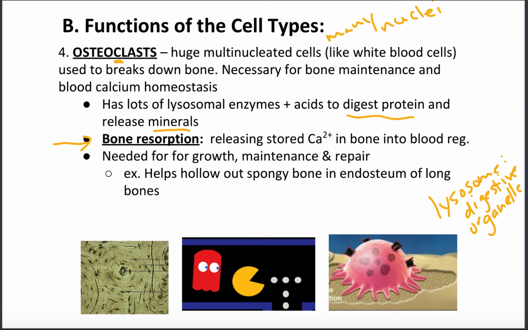So osteoclasts, yes, break down bone, but if you want your bones to stay strong, you actually need osteoclast activity to regularly renew the bone so it's as fresh as possible.